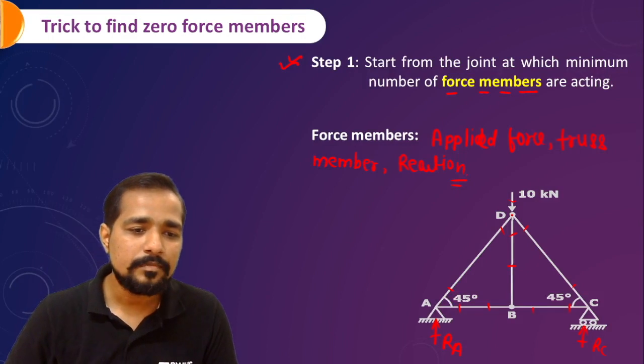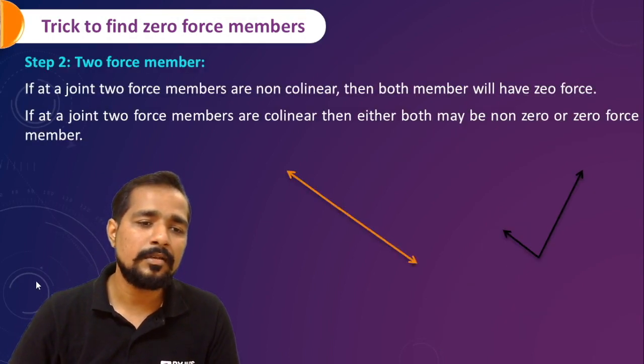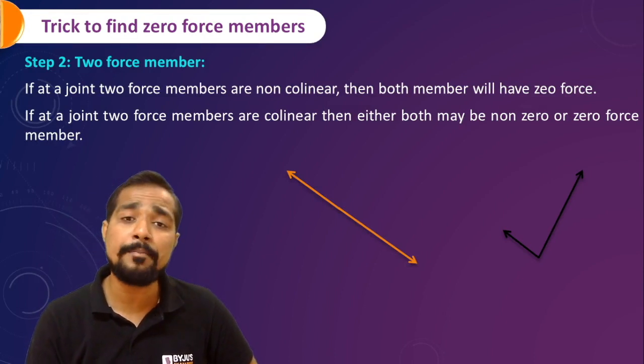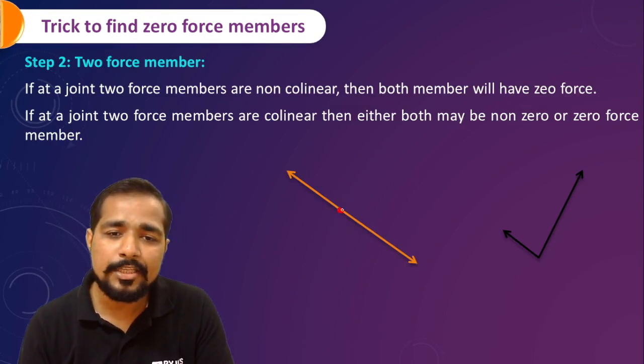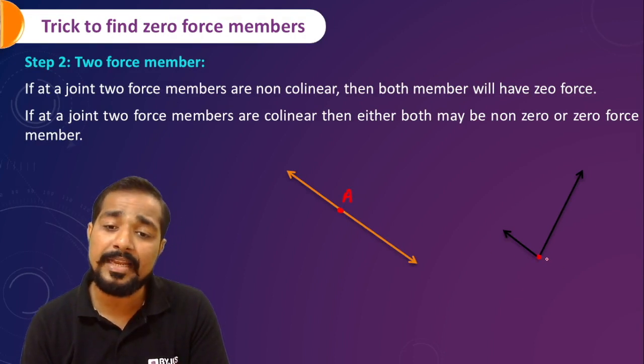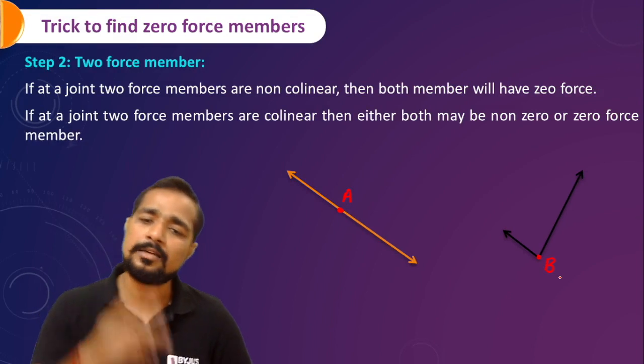Second one, at any joint how many minimum force members may be there? Sir, at any joint 2 force members may be there. The minimum number of force members is 2 only.